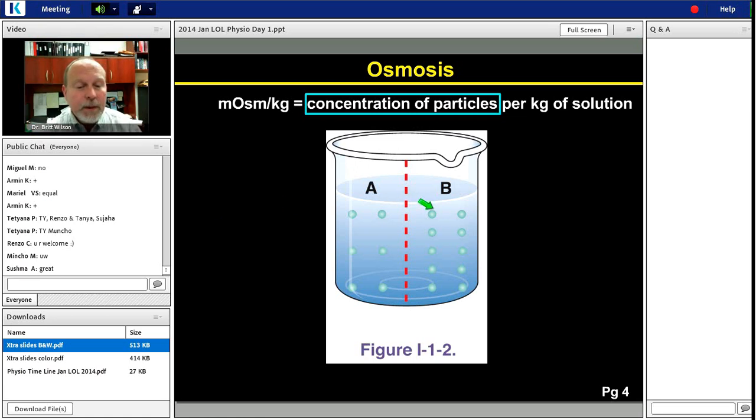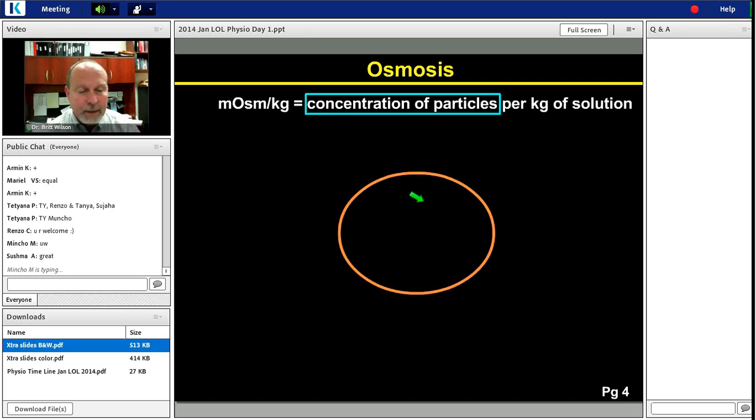In your book, you have this little picture, but I'm going to change it a little bit. I'm going to do a very simple diagram. I'm going to make it a cell. Here's a physiologist's rendition of a cell. We try to make things very, very simple. Let's start with simple and then build up.